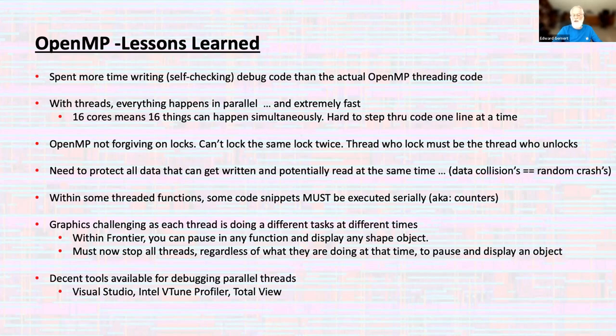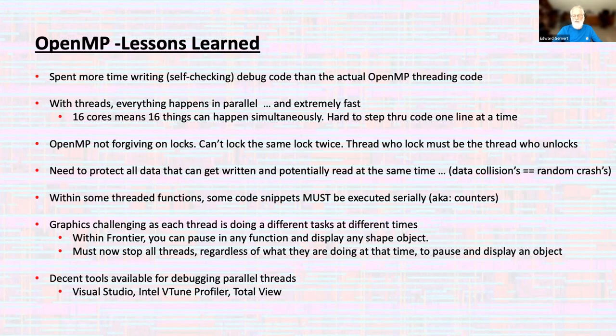OpenMP is not forgiving on locks. You can't lock the same object twice, or it'll crash. Whoever locks an object must be the thread that unlocks it, and you need to protect all data that can get written and potentially read at the same time.